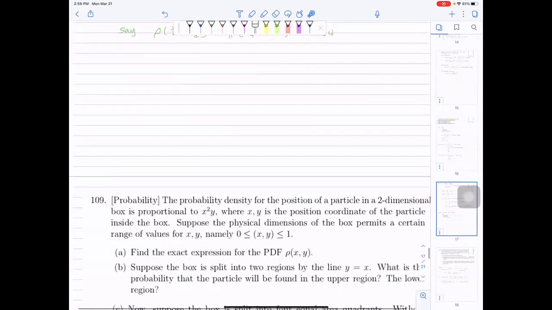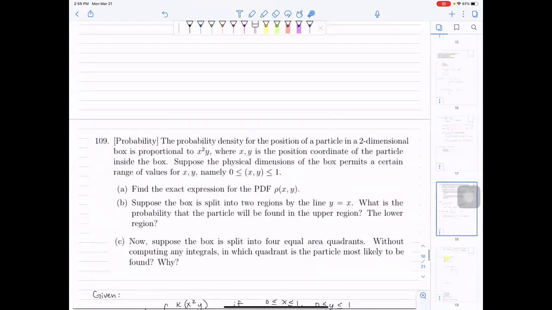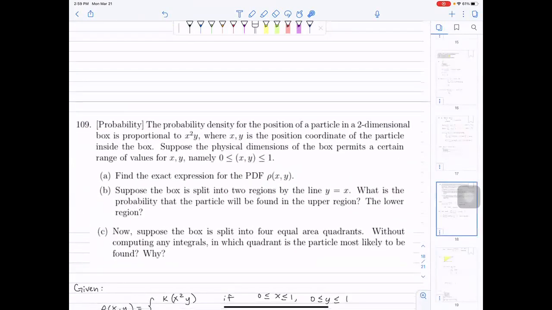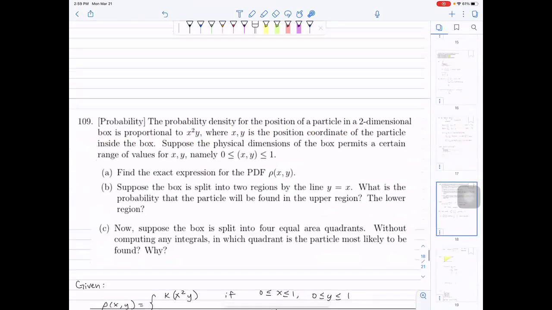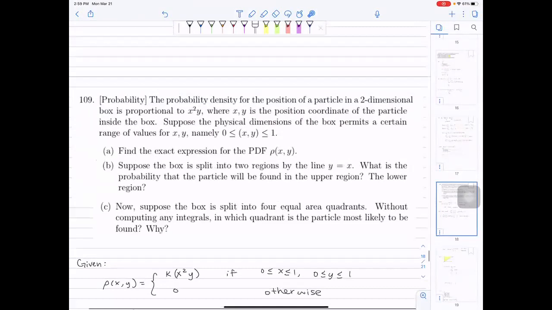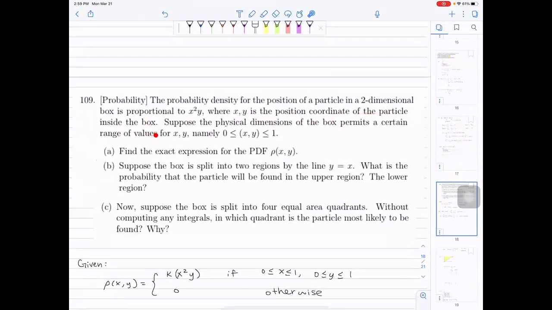Okay, let's do this example and I'll give you a minute to think about it, but let me read it. It says the probability density for the position of a particle in a two-dimensional box is proportional to x squared y, where xy is the position coordinate of our particle. And we're given some domain. Find the exact expression for the PDF.